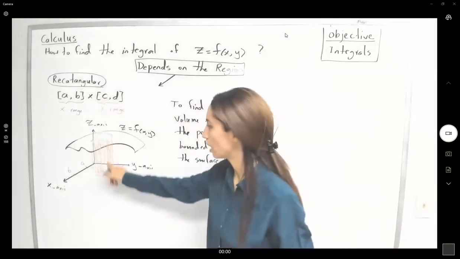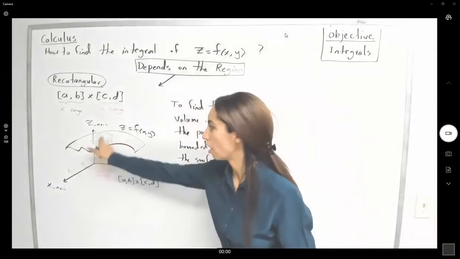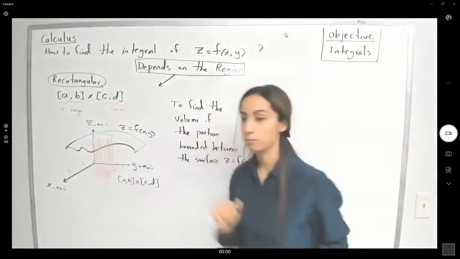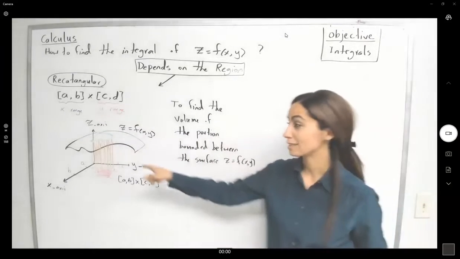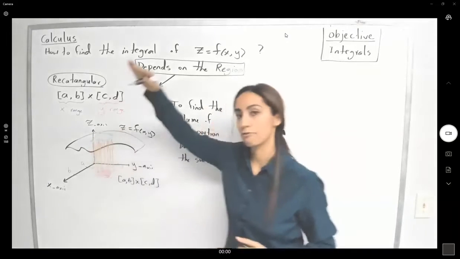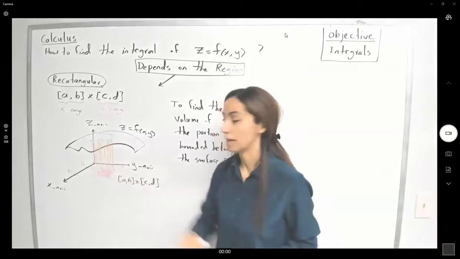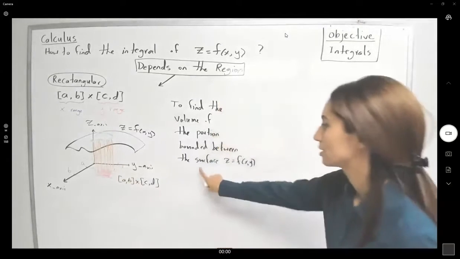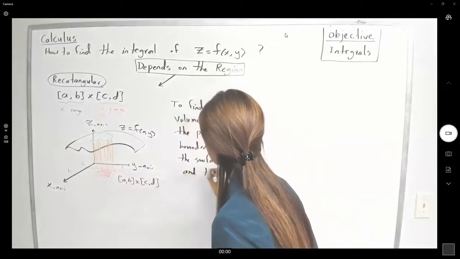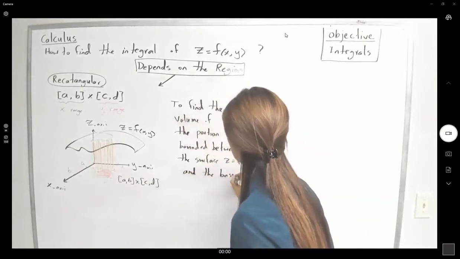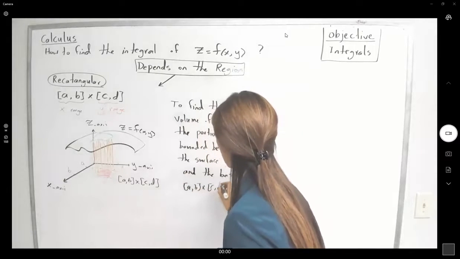So here you have your heights. These are the heights. You have the base, multiply them together, and since this is not a flat surface, we don't have the exact measurement, so that's why we have to use the integral. So surface z and the base a comma b times c comma d.